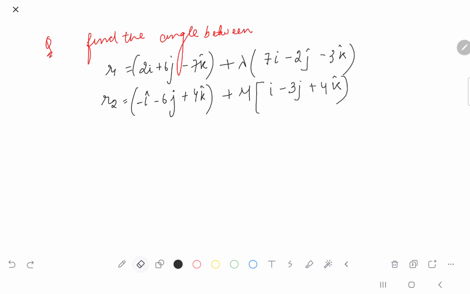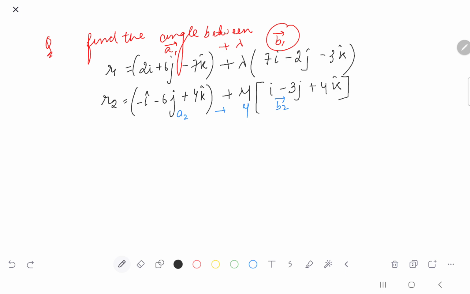This is the question. If you compare, this is A1 vector plus lambda times B1 vector, and this is A2 plus mu times B2.